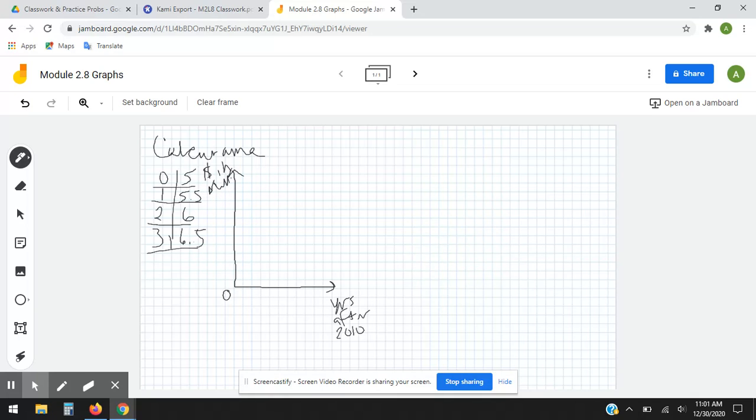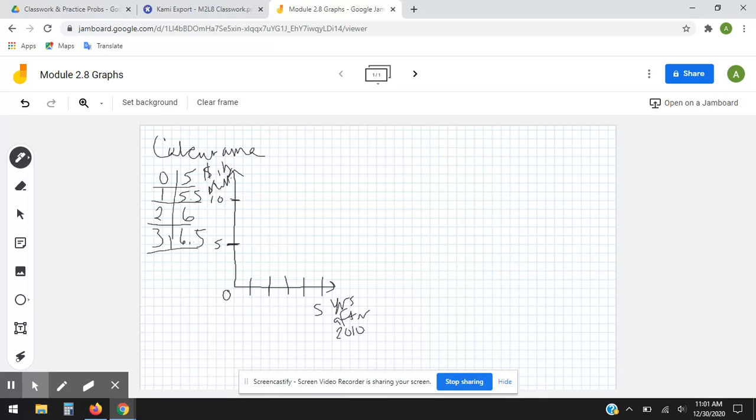So right now, I think what I'm going to do is count by ones over here. So I'm going to go 1, 2, 3, 4, 5 and give myself some space. And over here, I'm going to count by ones. So 1, 2, 3, 4, 5, 6, 7, 8, 9, 10.